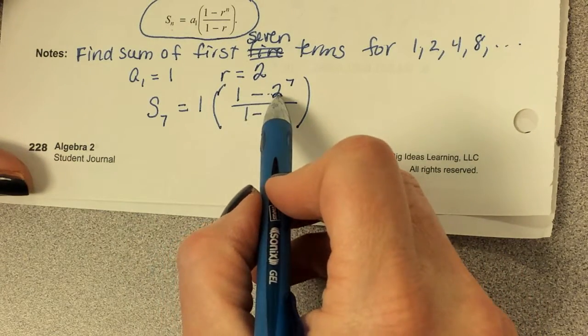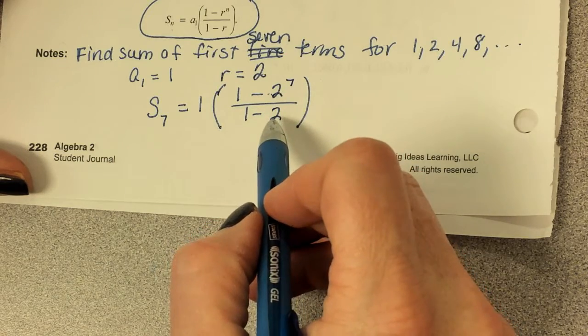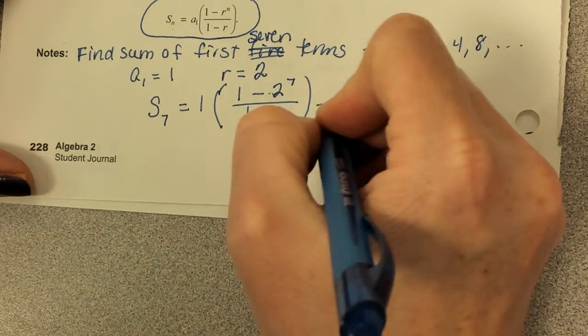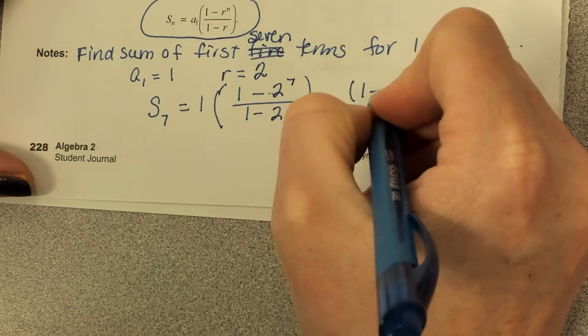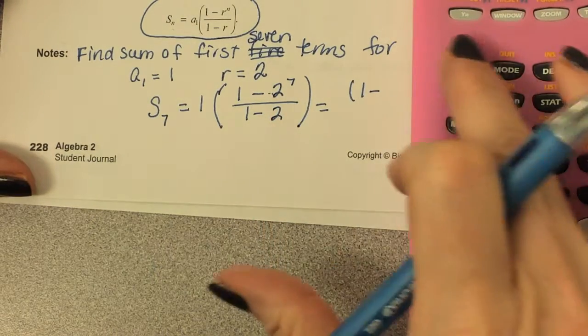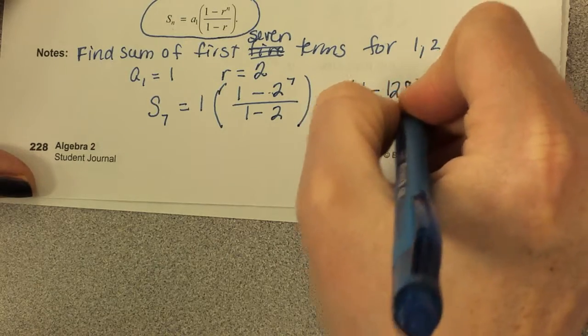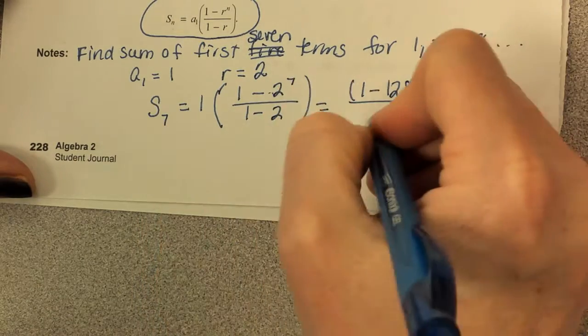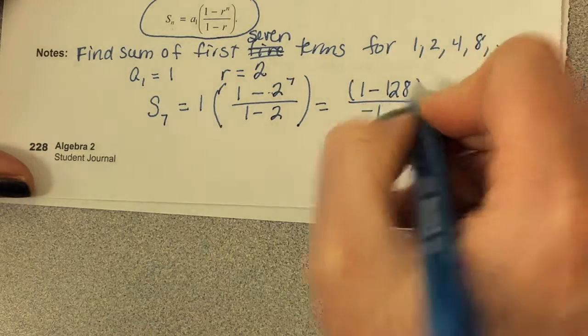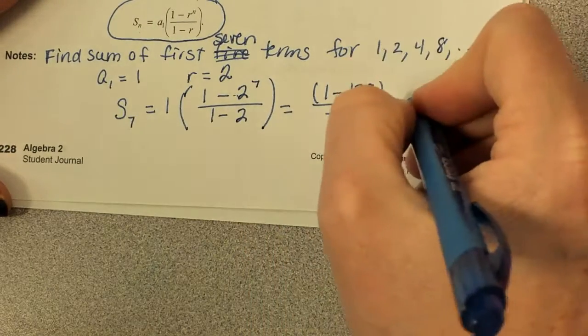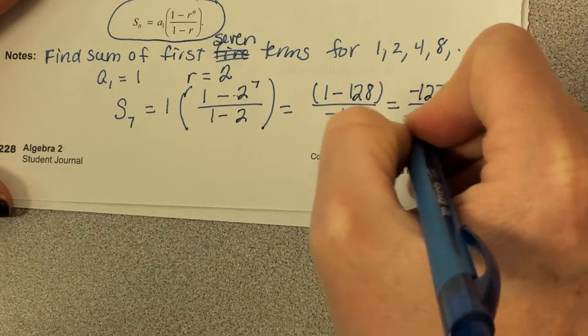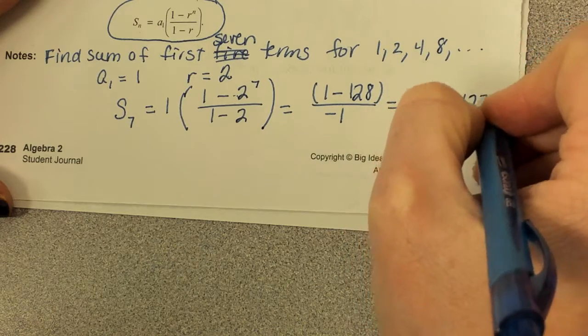Do I do 1 minus 2 first or 2 to the 7th first? 2 to the 7th. So this is going to be 1 minus 2 to the 7th, which is 128, over 1 minus 2, which is negative 1. So when I do this, I'm going to get negative 127 over negative 1, which is 127.